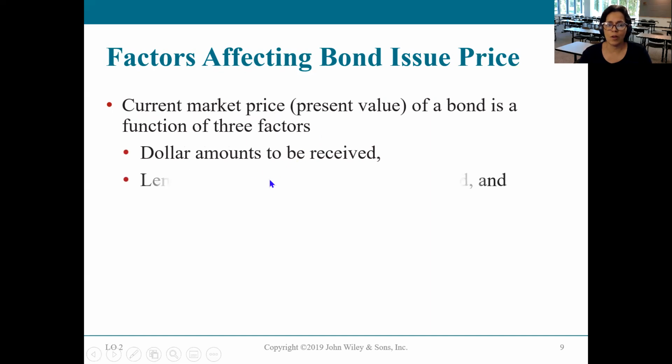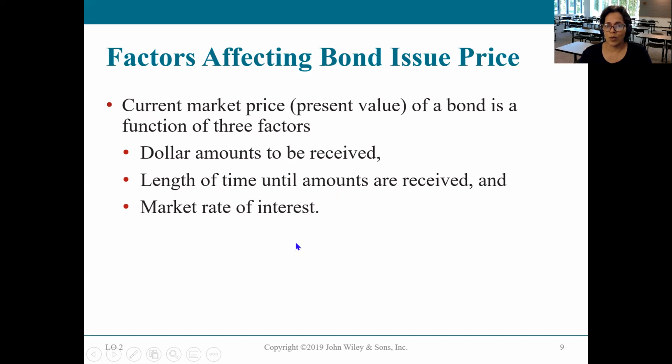So the dollar amount to be received, length of time, and the market interest rate: how much I want to borrow, how long I want to borrow it for, and the market interest rate at the time of issue. Not subsequently, at the time of issue, because I'm looking at the bond issue price.